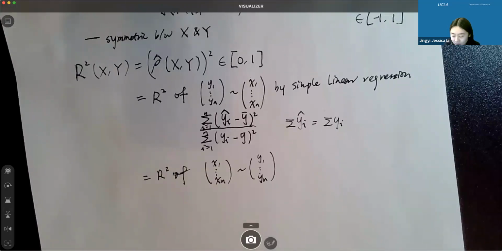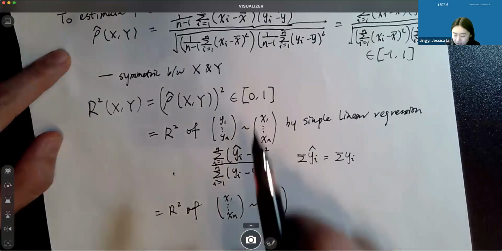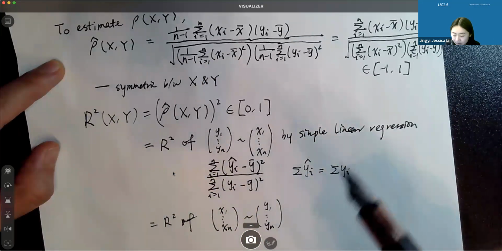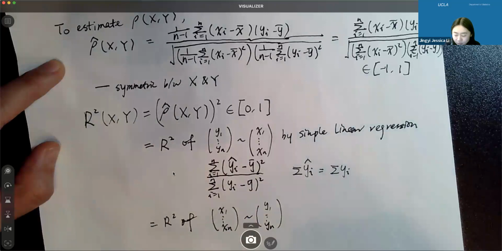All right, so let's continue. Last time we started the discussion about measures of association. And the first measure is about the linear relationship between two scalar valued random variables, X and Y. Both are one-dimensional. And the Pearson correlation is the thing we use, right? And we talked about the population level Pearson correlation based on the joint distribution of X and Y. Then we talked about the sample level Pearson correlation, which can be computed based on a sequence of pairs of numbers, x_i, y_i, i from 1 to n.